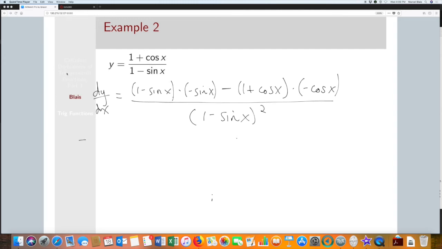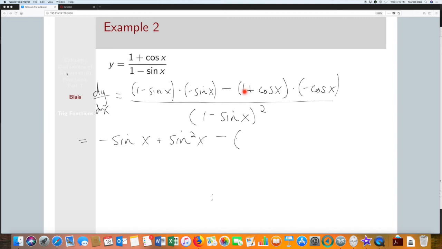If we simplify this a bit, here we're multiplying the minus sine x through, so we get minus sine x times 1, which is minus sine x. A minus sine x times a minus sine x is a plus sine squared x. Foiling out this term, well, we have this minus sign.